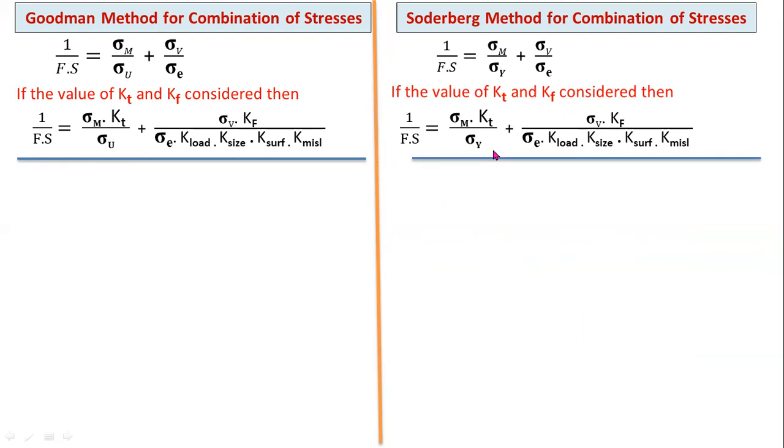In designing machine components, we use sigma u for Goodman's method and sigma y in Soderberg method. Now if torsion or shear loads or twisting moments are considered, then the Goodman equation is 1 by Fs equals tau m by tau u plus tau v by tau e.